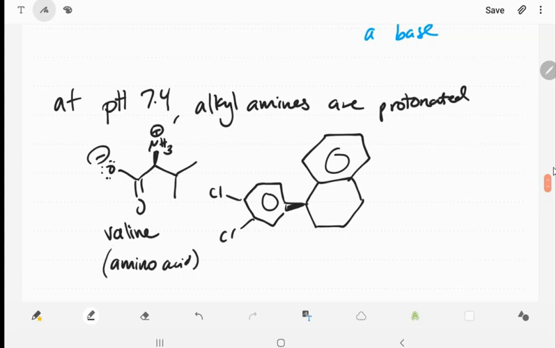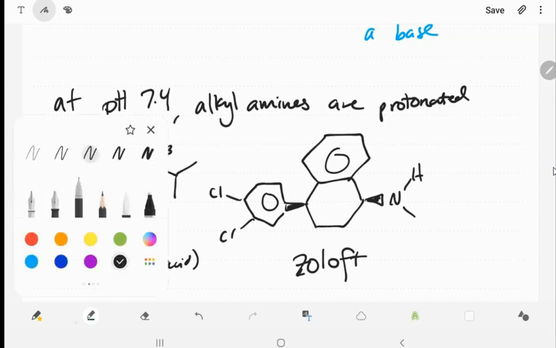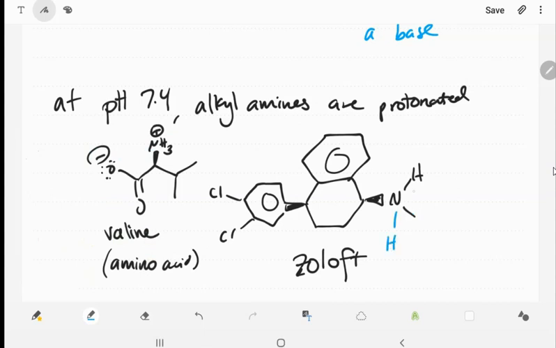You don't need to know the structure of Zoloft, but suffice it to say, this would be Zoloft. Typically, you'll see it as something maybe with a hydrochloride on it, so you might see it as, ta-da! Because in the body, it's going to go ahead and grab that proton anyway. So oftentimes it's helpful to just already give it with it.